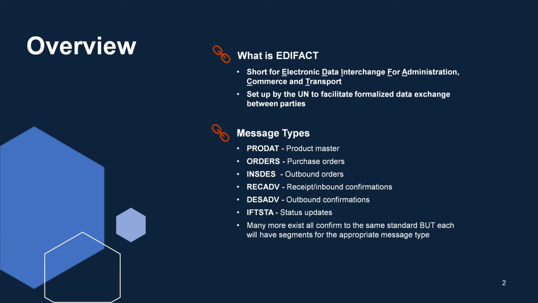Now, we talk about segments, really, if we think about those in a more common and up-to-date architecture like XML, they're really the nodes. So we're talking about key elements here that we need in order to pass that information from one party to another.